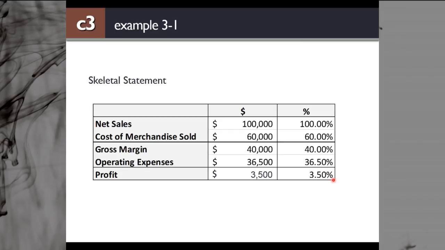And from this statement, you have a plus number at the end. But not always will that happen. It's always good to have a positive number. But imagine that if your expenses are more than your gross margin, then you will get a minus number for the profits. So that means that you got a loss. You had a loss, right? So if you see the plus number here, that's going to be your profit. But if you see the minus here, that means that's the loss.